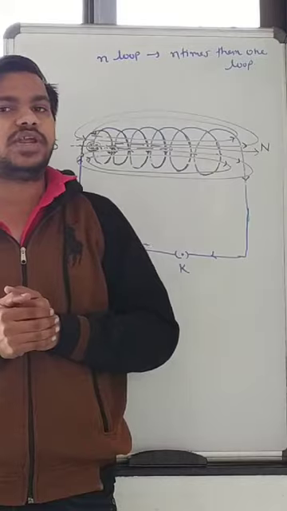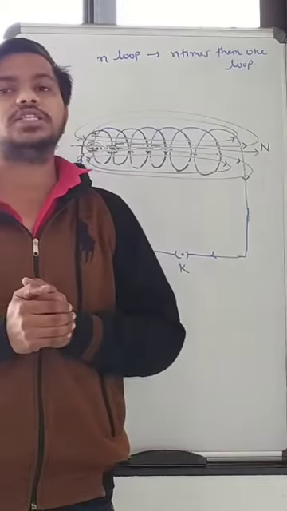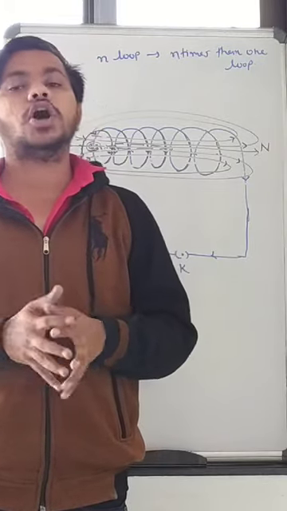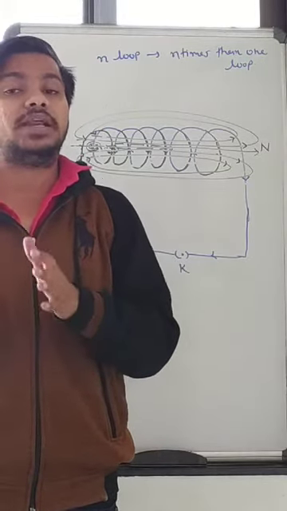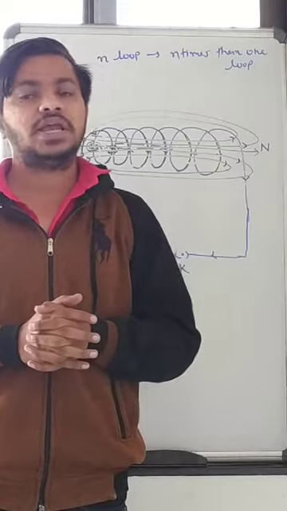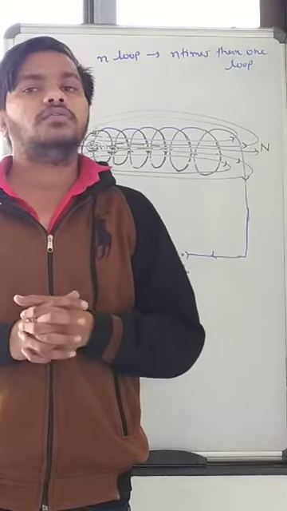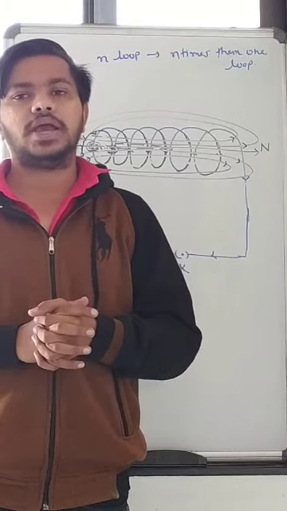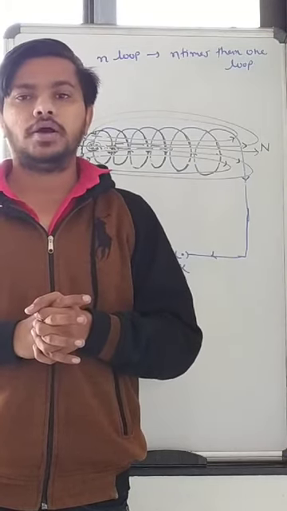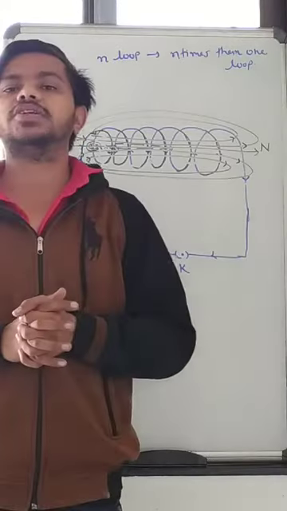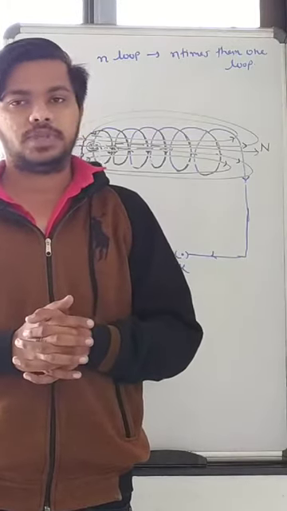Whenever you connect a battery and a key, and current passes through it, the current flowing in each and every loop is always the same, and because of that, the magnetism produced by each loop is the same. So you take the vector addition of the magnetism and you get a higher magnetism which is N times higher if the turns of the solenoid is N, right?